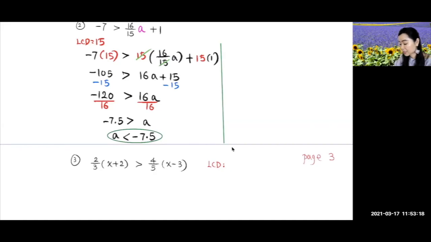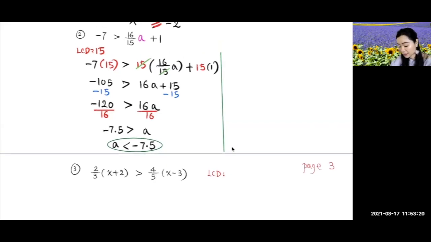Another way to solve this inequality is this. We have this inequality over here. We can isolate the a term because we want to solve for a. If I want to isolate this, I will subtract 1 on both sides.